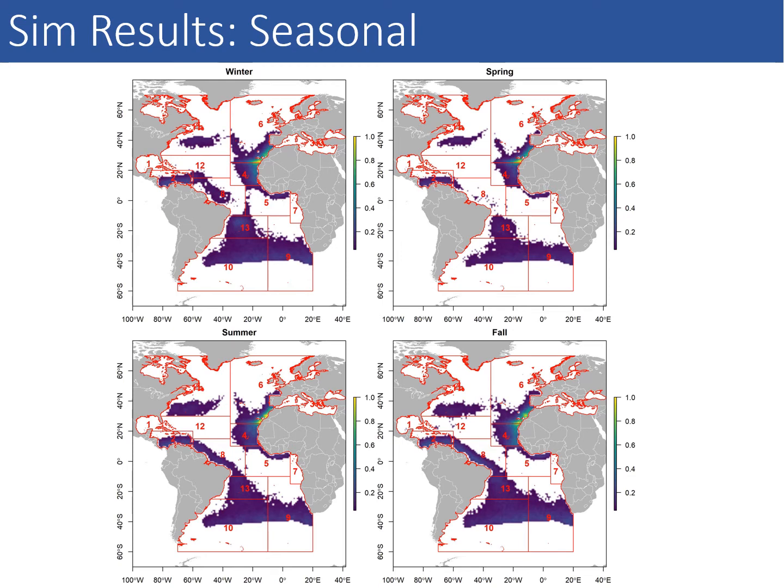What you're looking at is a 95% distribution of the 6,000 simulated tracks for each season. So winter, spring, summer, and fall. It's nicer to look at it this way than a spaghetti plot of 6,000 tracks, I think. But what stands out here is the concentrated distributions off of Northwest Africa. I will say that before we added the tagging efforts from Morocco, these distributions looked a little bit different.